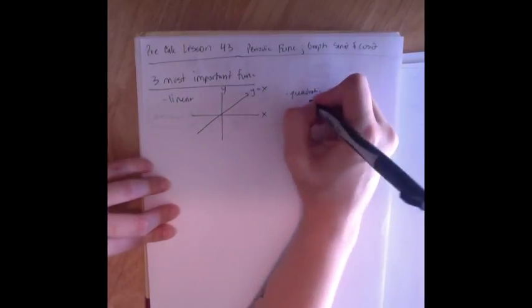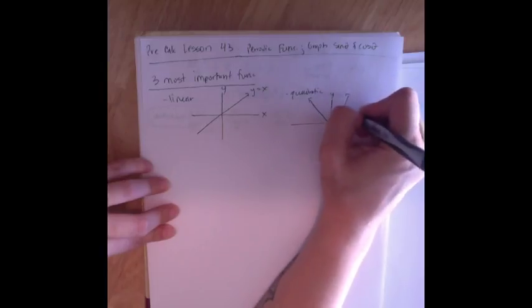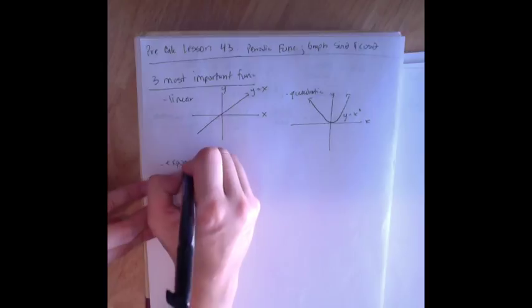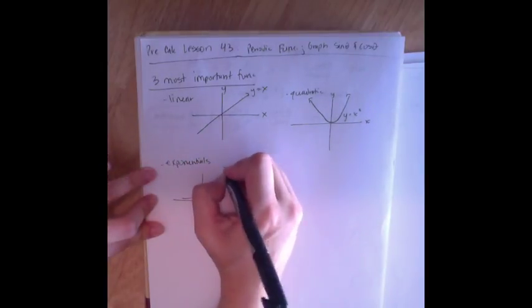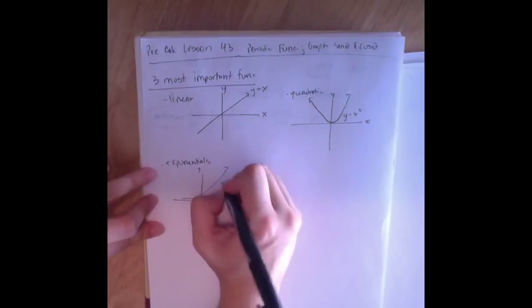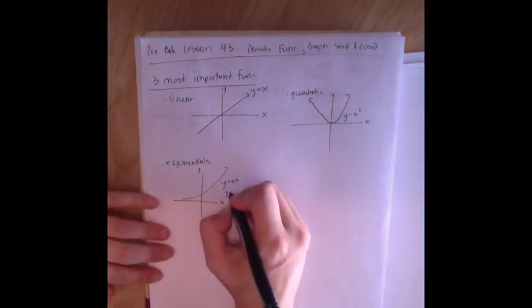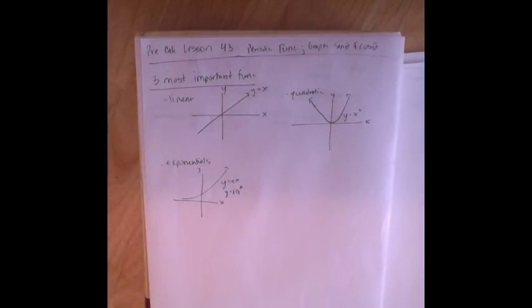Again, this is x and y. This is the graph y equals x squared, or exponentials. Y equals e to the x, right? Or y equals, let's say, 1 to the x.